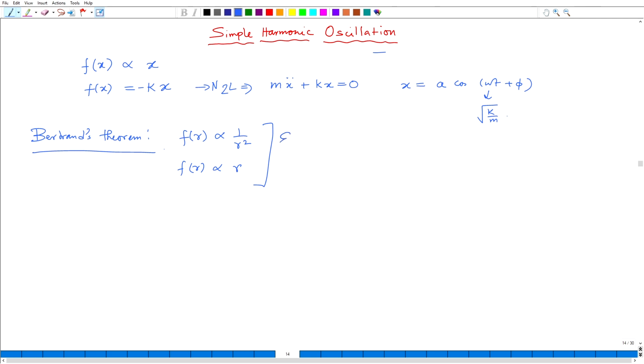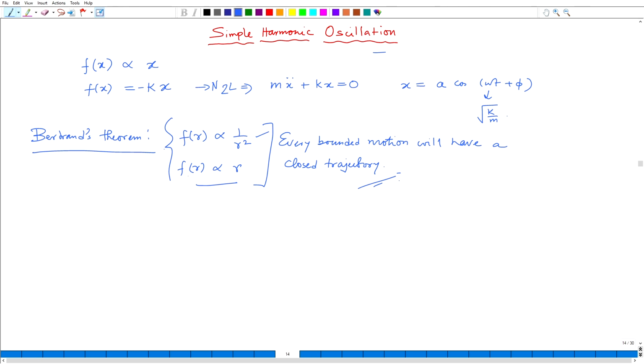That means, every bounded motion will have a closed trajectory. That is the guarantee for these two force laws. This one is called the inverse square law, which we already discussed, and this one we discuss today, or rather the discussion is going to be started from today.